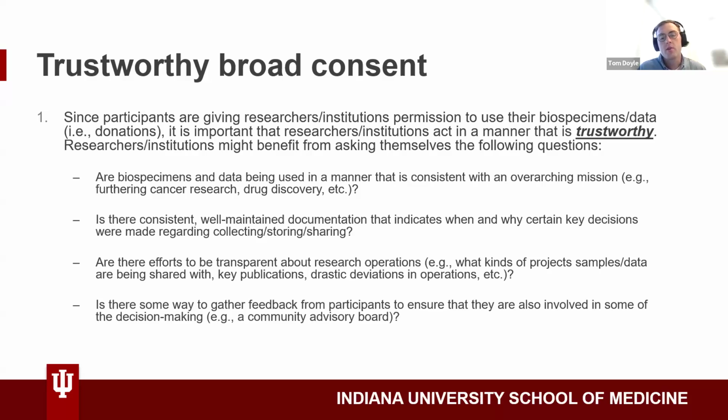And is there a way to gather community feedback from participants to ensure that they're also involved in some of the decision making, such as community advisory boards? So those are just some questions to think about and ask yourself if you are doing secondary use research, about how you can maintain a trustworthy broad consent environment.